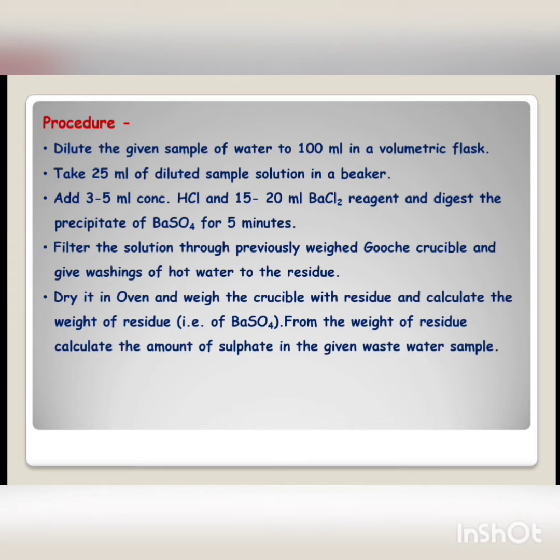After filtration, the precipitate with Gooch crucible we are going to place in an oven for drying, and then we are going to weigh. After drying, we weigh the Gooch crucible with precipitate, and finally from that weight we can calculate the amount of sulphate ions in the given wastewater sample.